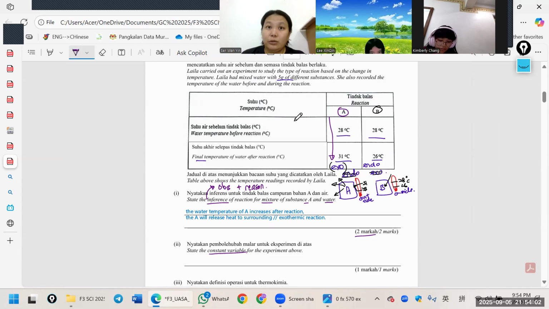If your beaker is big or small, it actually does not really matter. It must be something that, if you don't fix it, will affect the results.